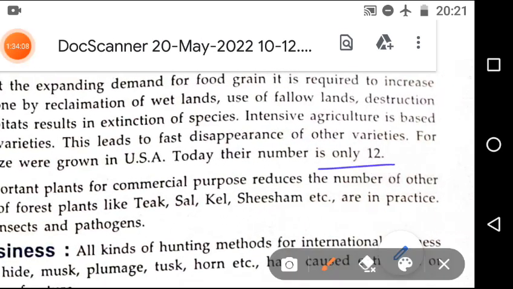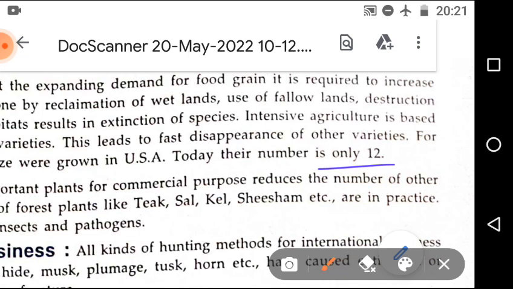Due to extensive agriculture, we are also reducing the species richness of that particular cropland. Like they have said, in the USA there used to be about 308 varieties of maize grown, but now it has reduced to 12.